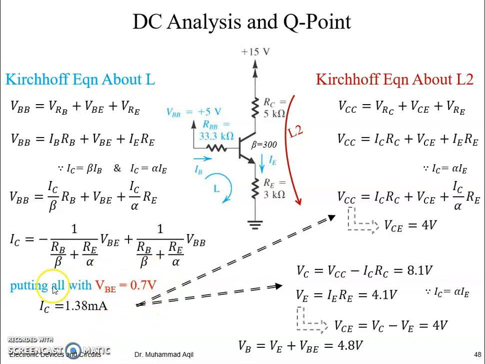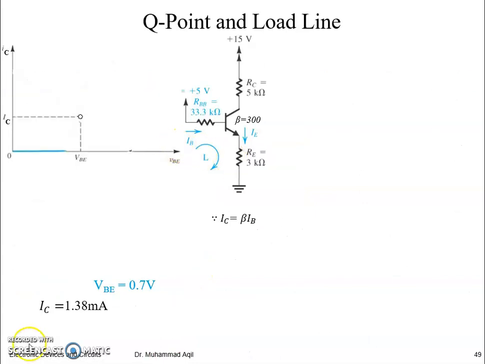If we plot these parameters along with the characteristics curves of this BJT, then it will tell us where this transistor is operating. This is the IC versus VBE axis at which the input characteristics curve were plotted.